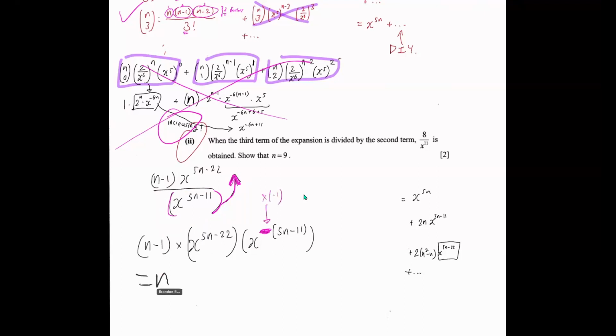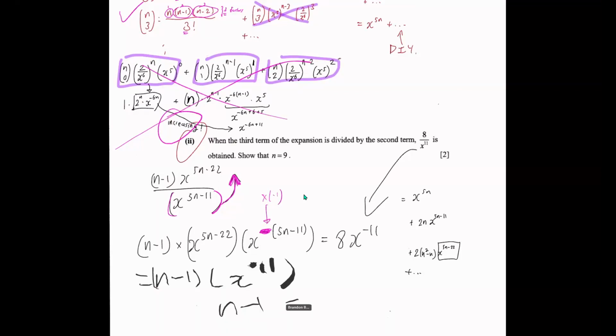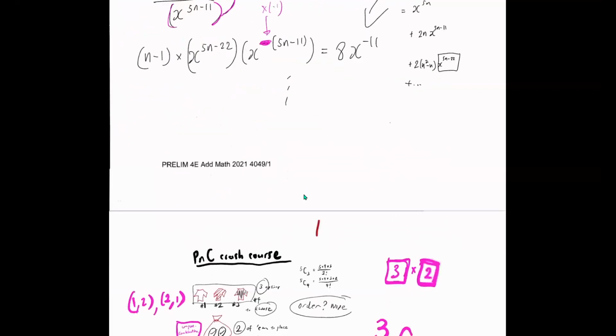Then it's equal to 8x to the power minus 11. And from there, n minus 8, then n equals 9. Okay, you're going to do the rest on your own. Yeah, you got it already. Okay, good. Next.